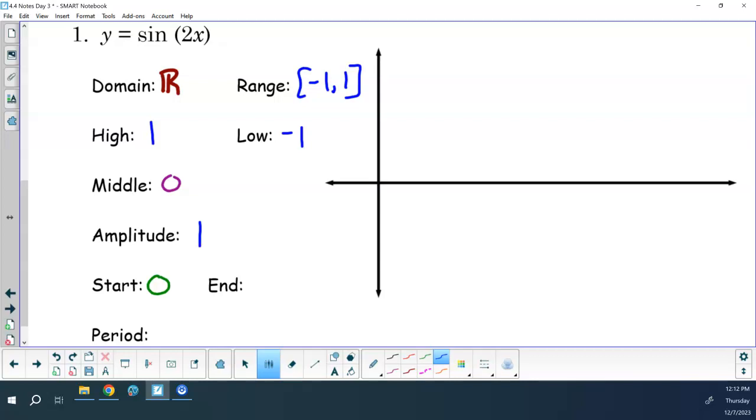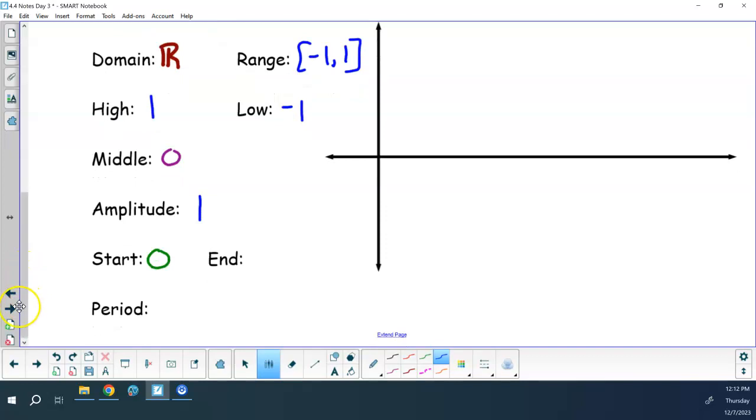Okay. Now, let's jump in for today. So today we said that the period is equal to 2 pi divided by b. What was my b value for this function? 2. What is 2 pi divided by 2? That's just pi.